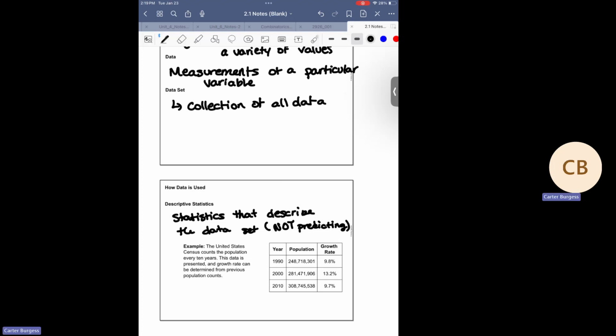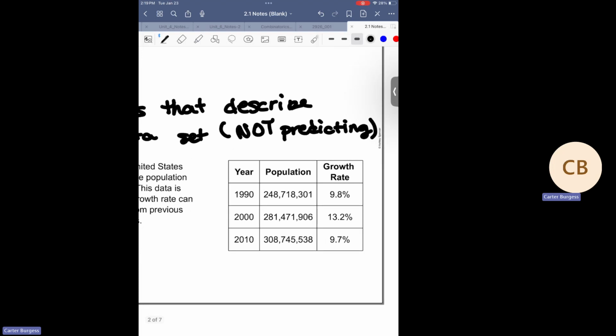So for instance, let's consider this table that we are given, where we are trying to look at certain growth rates, and we're actually not really doing anything with that information. So you'll notice here we are given the year, we are given the population, we are given the growth rate as a percentage. In this case, the statistical measure that we are considering is the growth rate, the percentage of growth that we see.